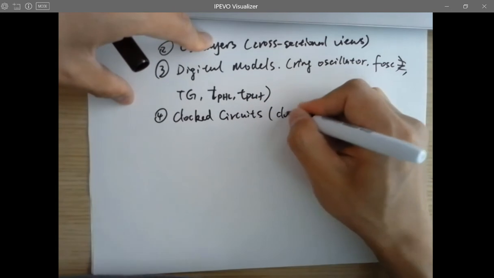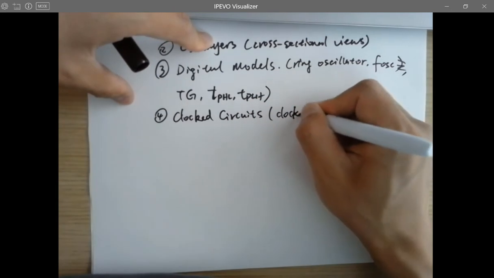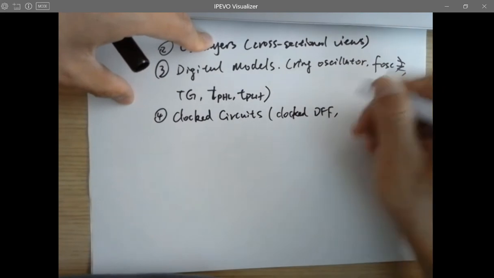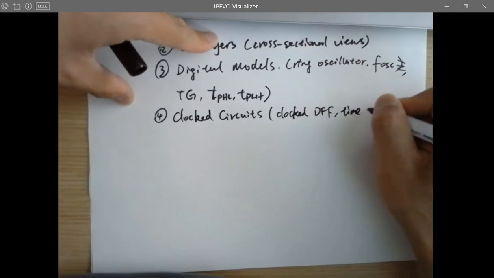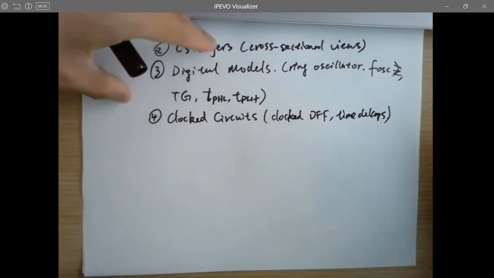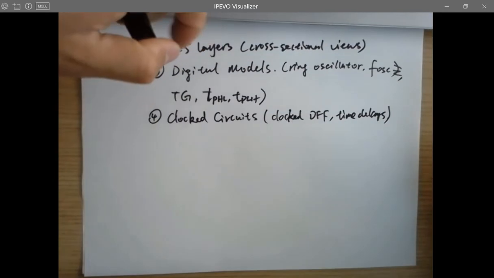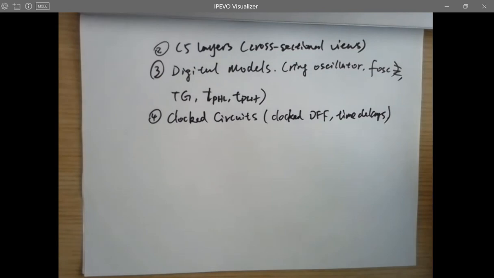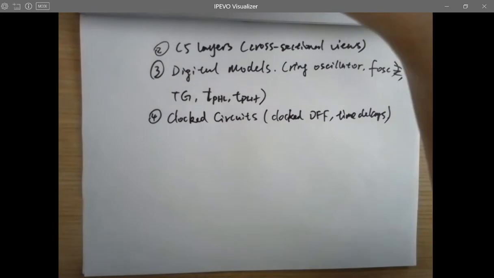Especially the clocked D flip-flop, time delays. I gave you an example in one of the lectures, I think last week or 2 weeks ago, I forgot. So definitely check that example. So it's not in your homework assignments, but definitely check out that problem.